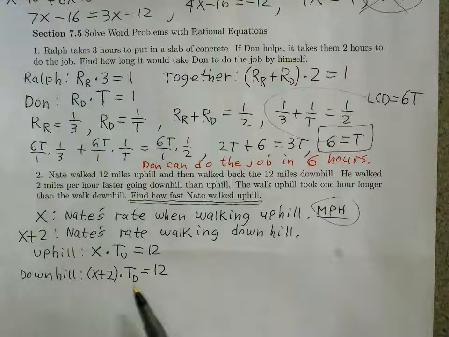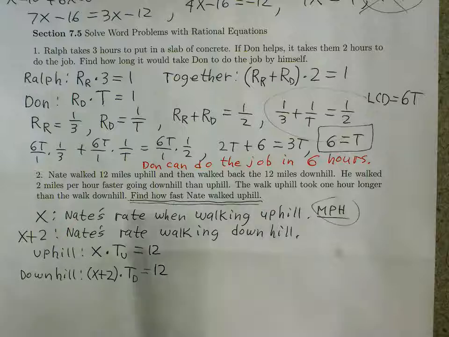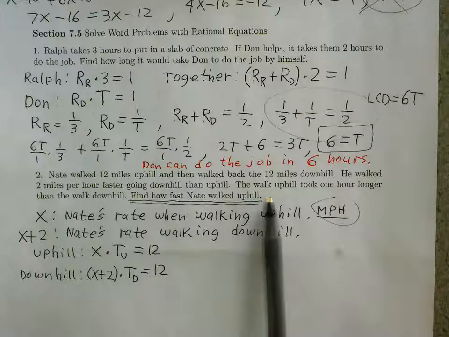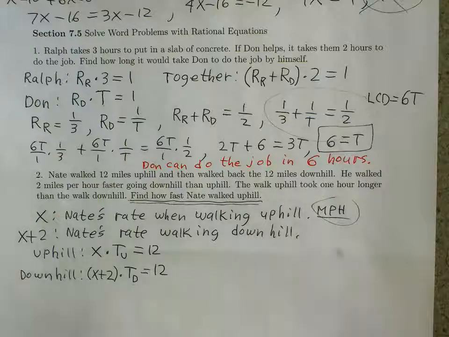Okay, we are given some information about times. So what's given about the amount of time to walk 12 miles uphill as it relates to the amount of time it takes to walk 12 miles downhill? In the third sentence, we're told that walking uphill took 1 hour longer than walking downhill.